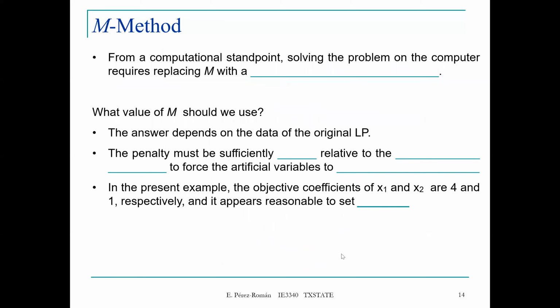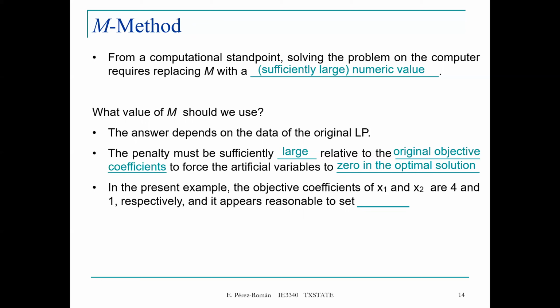From a computational standpoint, solving the problem on the computer requires replacing M with a sufficiently large numeric value. So the question is, what value of M should we use? The answer depends on the data of the original problem. The penalty must be sufficiently large relative to the original objective coefficients to force the artificial variables to 0 in the optimal solution.